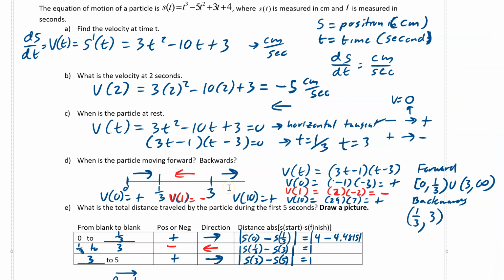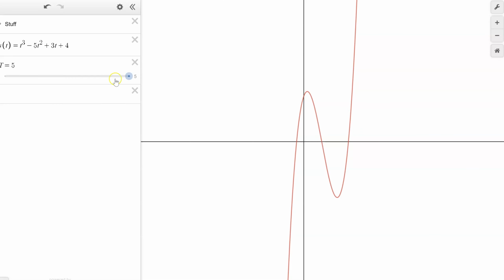That's what we knew. So 4.4815 minus -5. Make sure you put that in parentheses because it's going to be a plus. What's happening here is we went from here to here, and so that's a total distance of 9.481. So we want to make sure that we do a subtraction of the two.